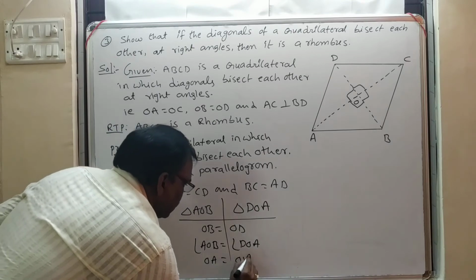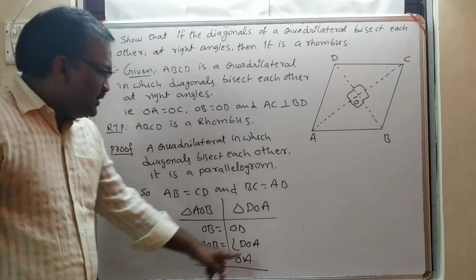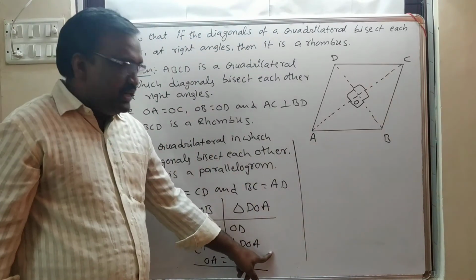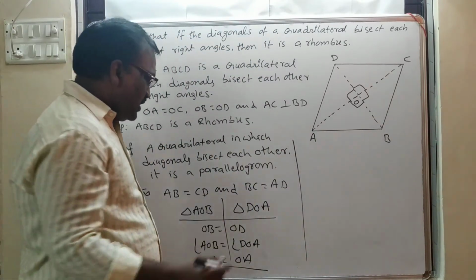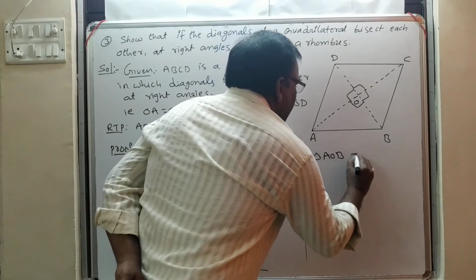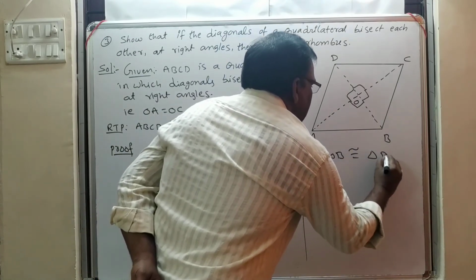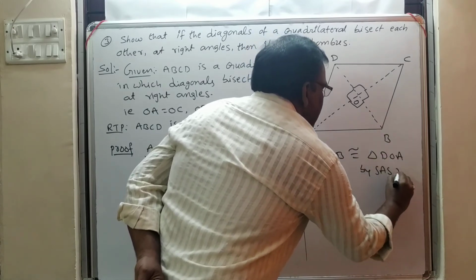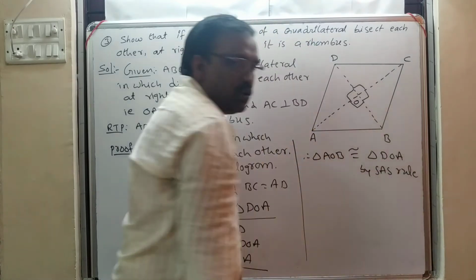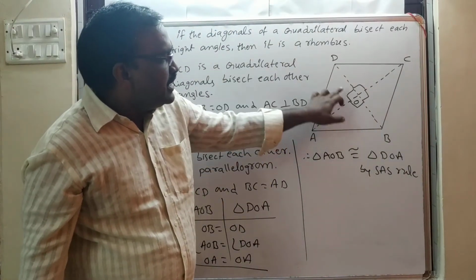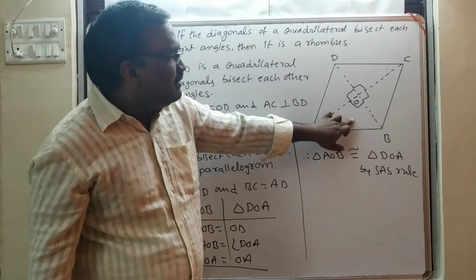So side, angle, side. By the SAS congruency rule, these two triangles are congruent. Therefore, triangle AOB is congruent to triangle DOA by SAS rule. Once the triangles are congruent, their corresponding sides are equal.